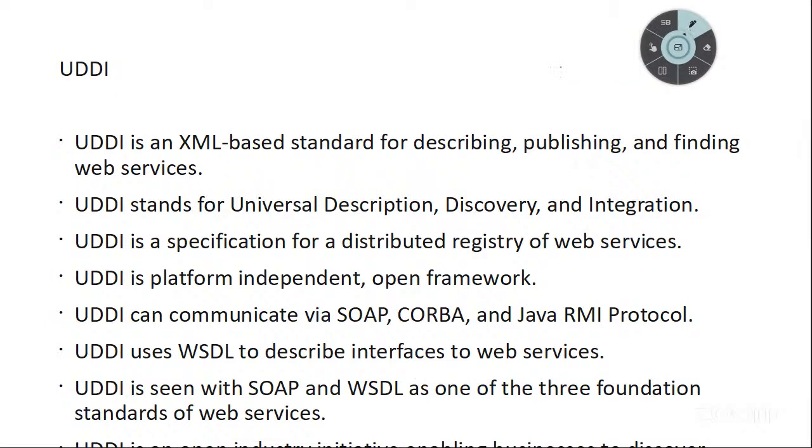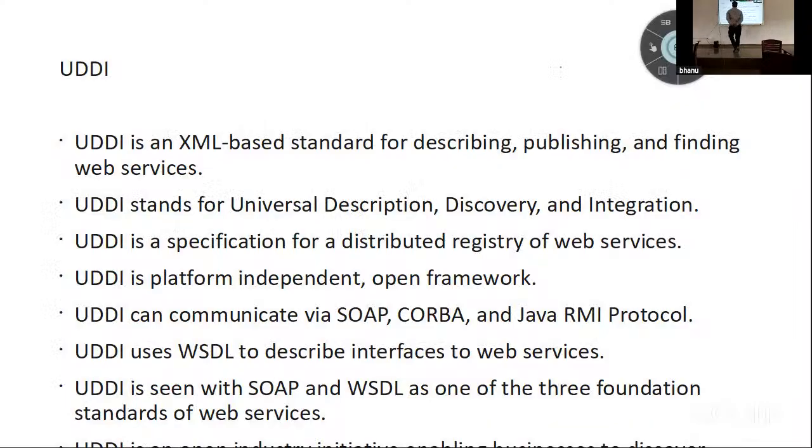So UDDI is a component where we can find, it is an XML based standard for describing, publishing and finding web services. Note down this point.